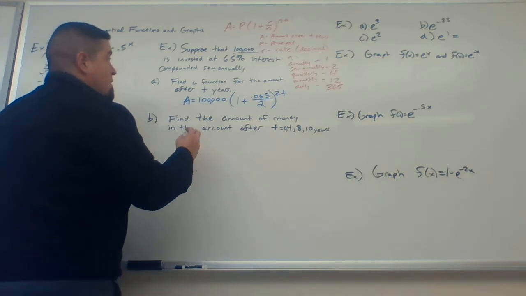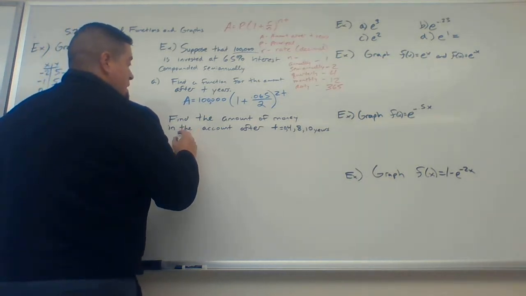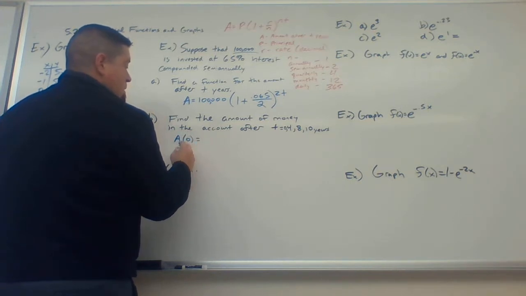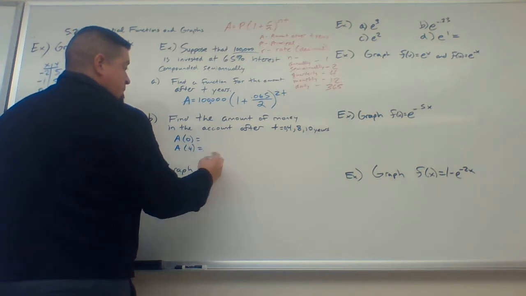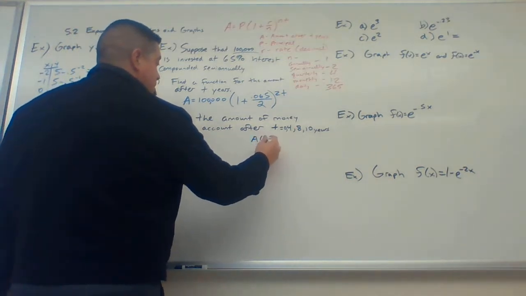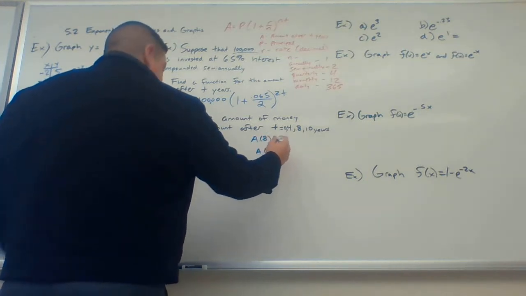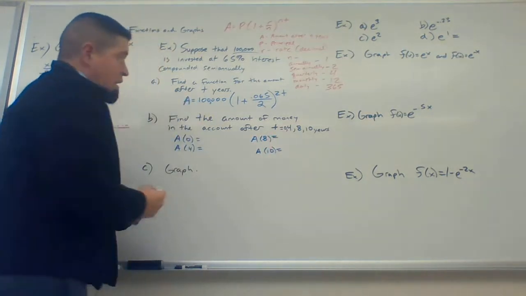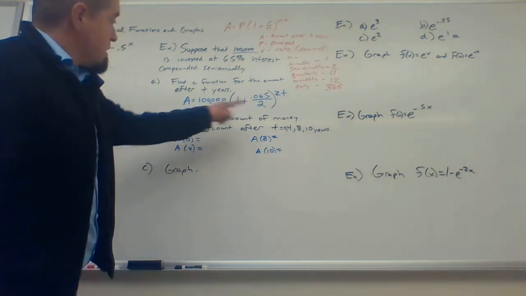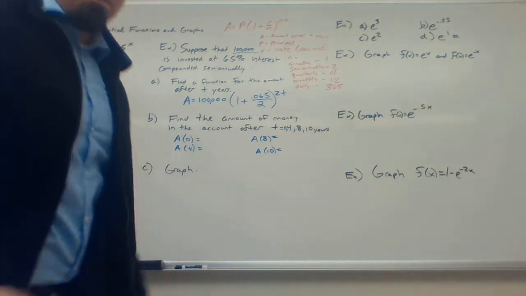So we're going to find out A of, here's one notation of this, A of 0, A of 4, A of 8, and A of 10. So that's what I'm going to do. I'm going to type this into the calculator, and I'm going to find these values, okay?